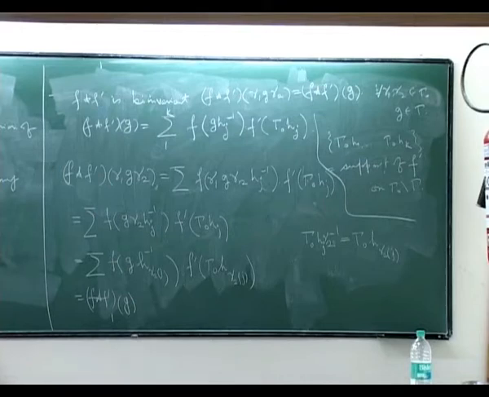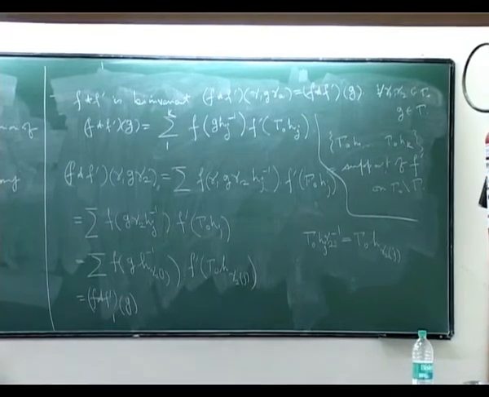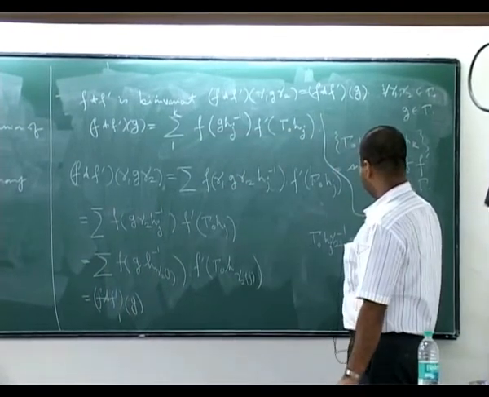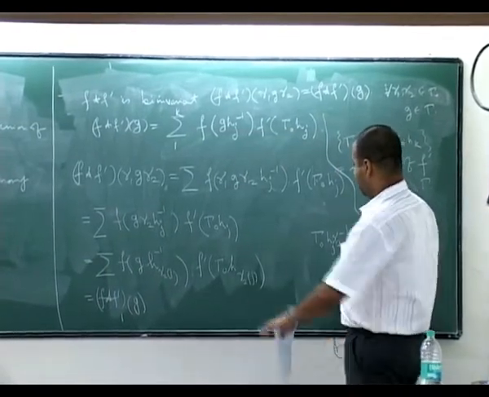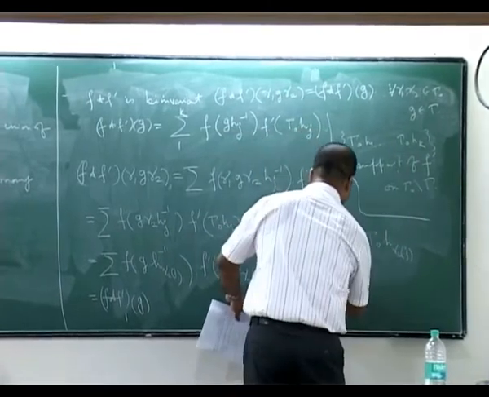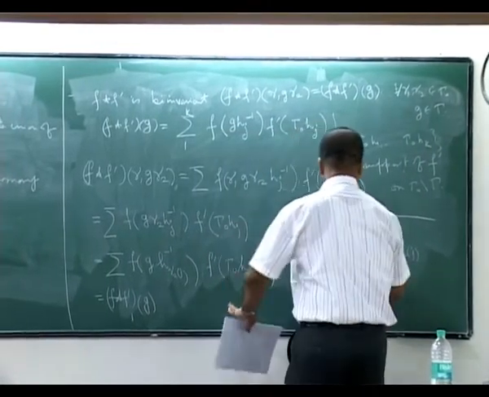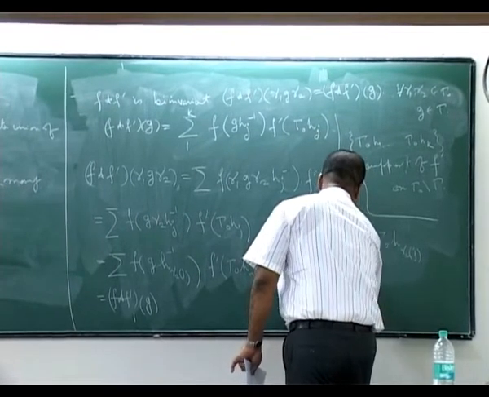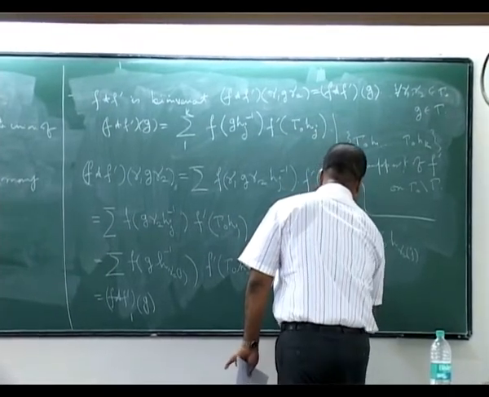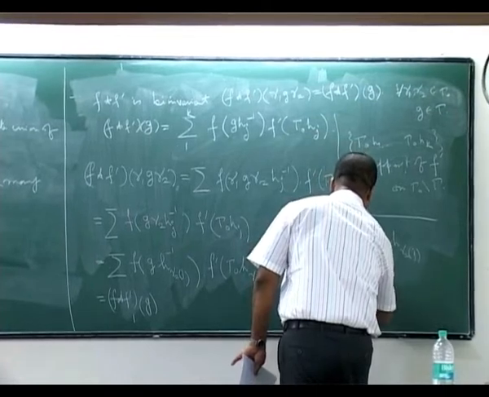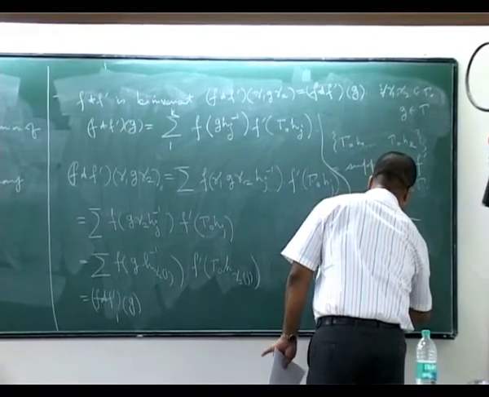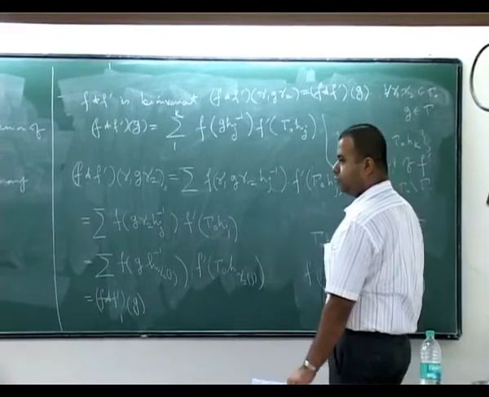How did you get that? Bi-invariance shows that, all I am saying is that f prime of gamma naught hj gamma 2 inverse is the same as f prime of gamma naught hj, because this is from gamma naught.